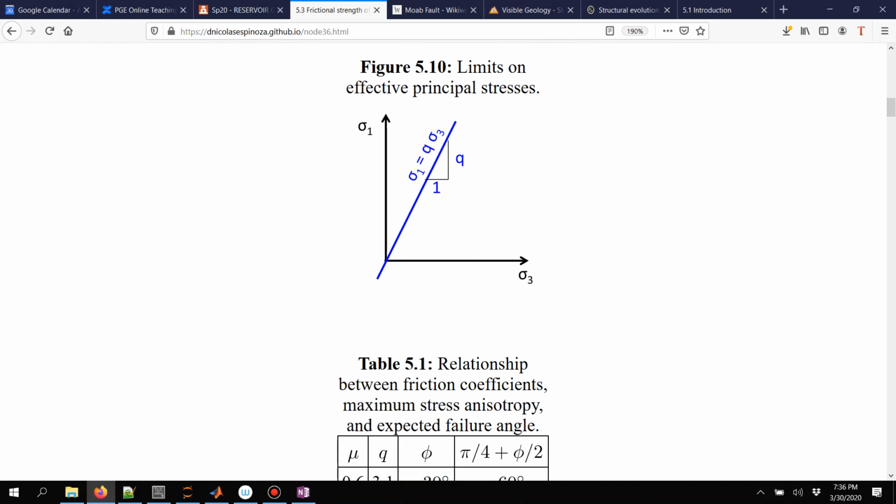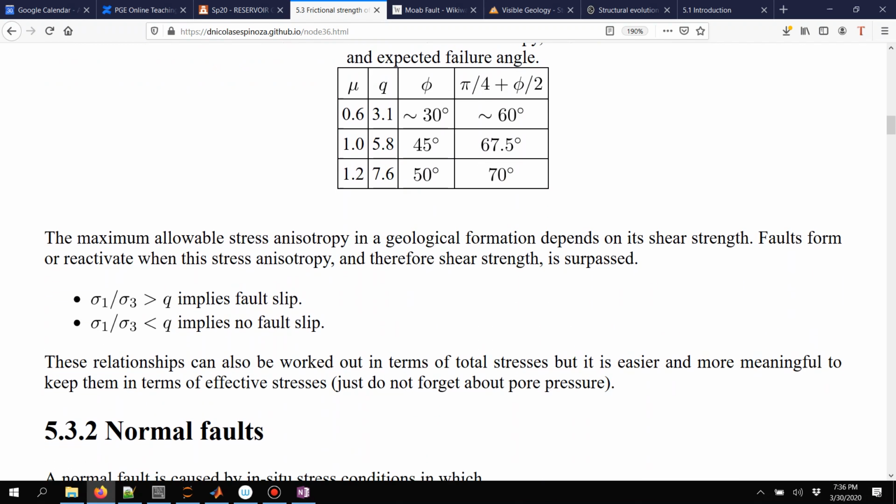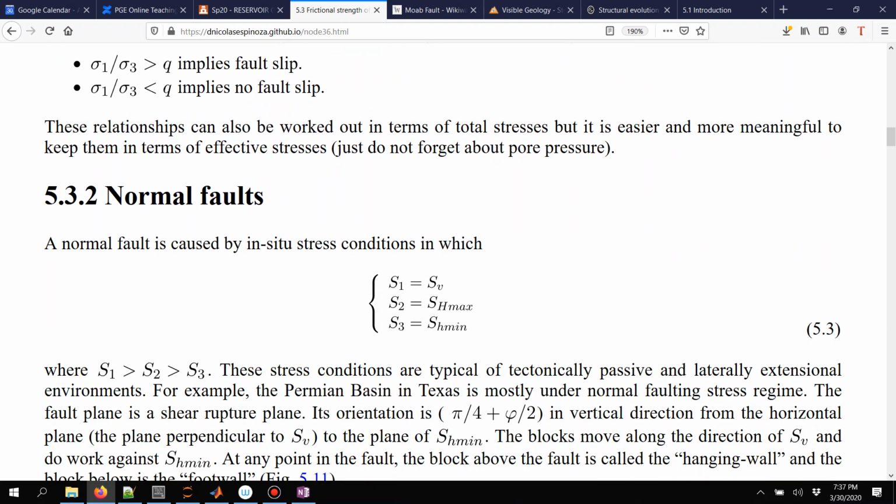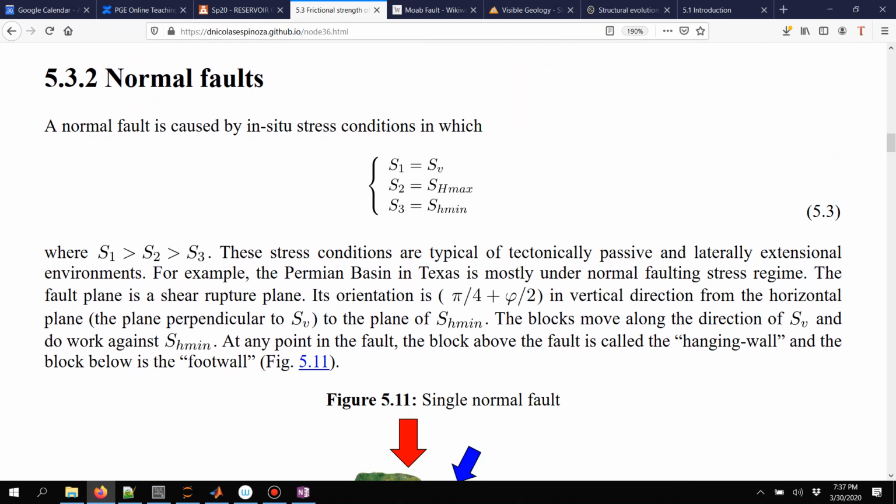All right, so let's see how we apply this to the different types of faulting regimes that we have. Normal fault, if you remember, this is the stress regime in which the maximum effective stress is vertical, the minimum is horizontal, and in this particular case, we're going to have shear failure surfaces, which are a combination of the maximum principal stress, which is vertical, and the minimum principal stress, which is horizontal.